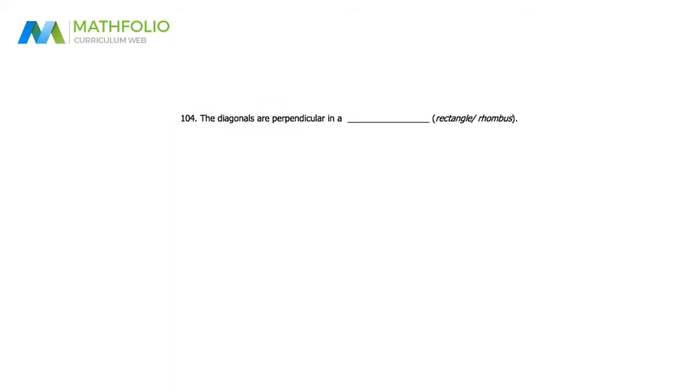104. The diagonals are perpendicular, so this means at 90 degrees. This is the sign for perpendicular. In a rectangle or rhombus? Well, let's go back to our couple of pictures. Rectangle, stretch this out. Now here this looks obtuse, this looks acute, so that doesn't look like a 90-degree angle like this would look like 90 degrees.